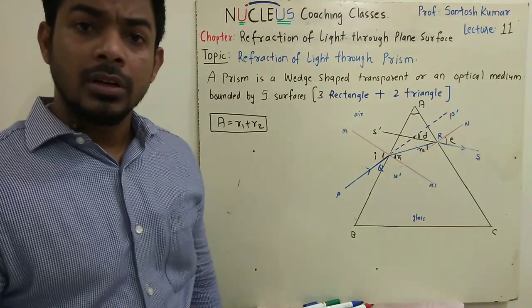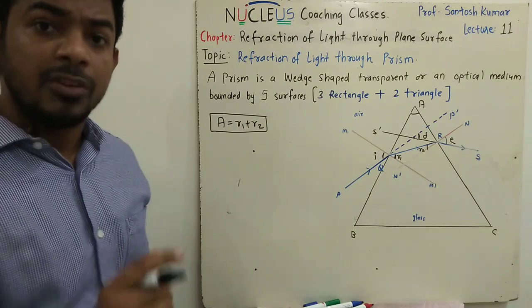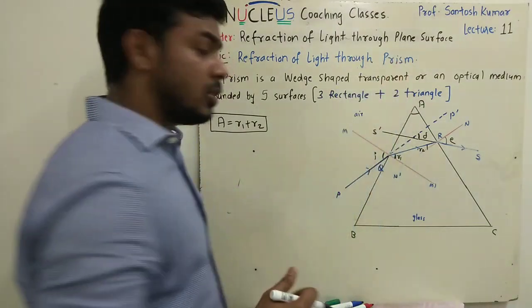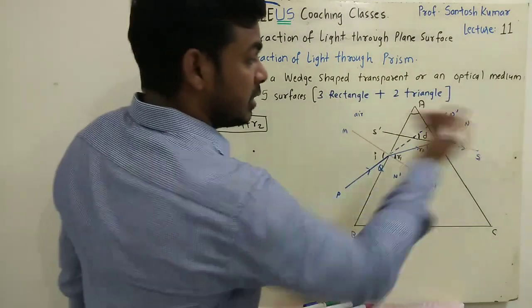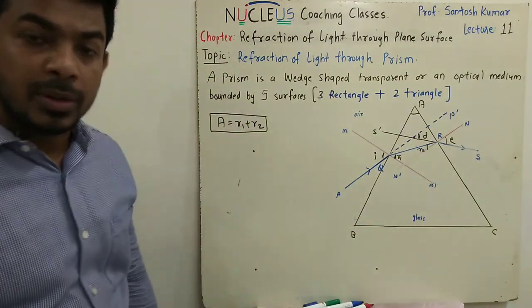No need to give the proof of this formula, but you just need to remember that for a given prism, whenever light passes through one face of the prism, it emerges from the other face. So what relation we have got? A is equal to R1 plus R2.